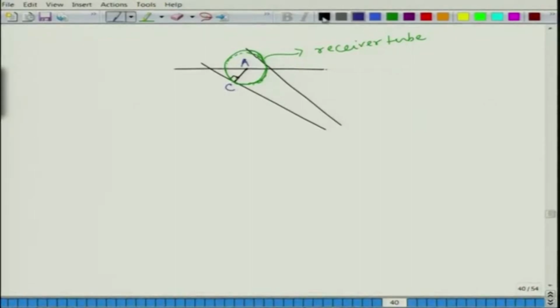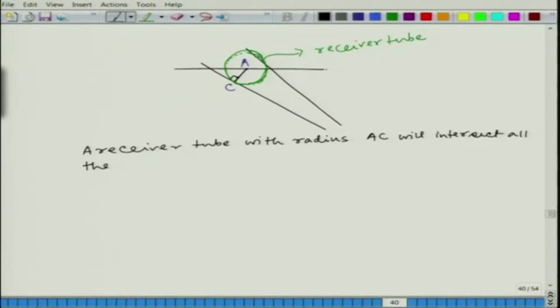So, a receiver tube with radius AC will intersect all the reflected rays. Okay.